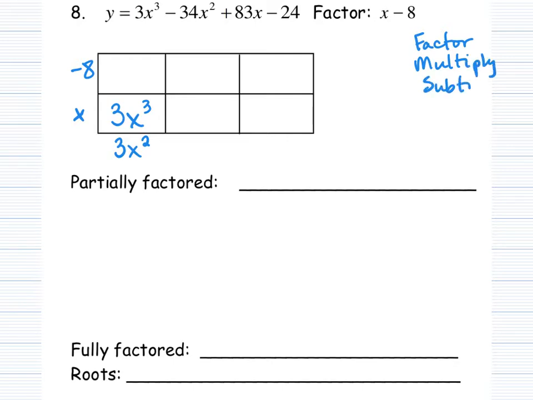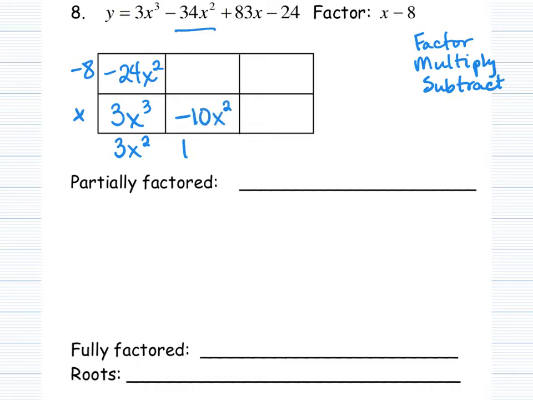We referred to this before as missing term, but really what you need to do is subtract. Factor, multiply, subtract. So we factored, now we multiply negative 8 times 3x squared, negative 24x squared, and then subtract negative 34x squared minus a negative 24x squared, and that gives us a negative 10x squared.